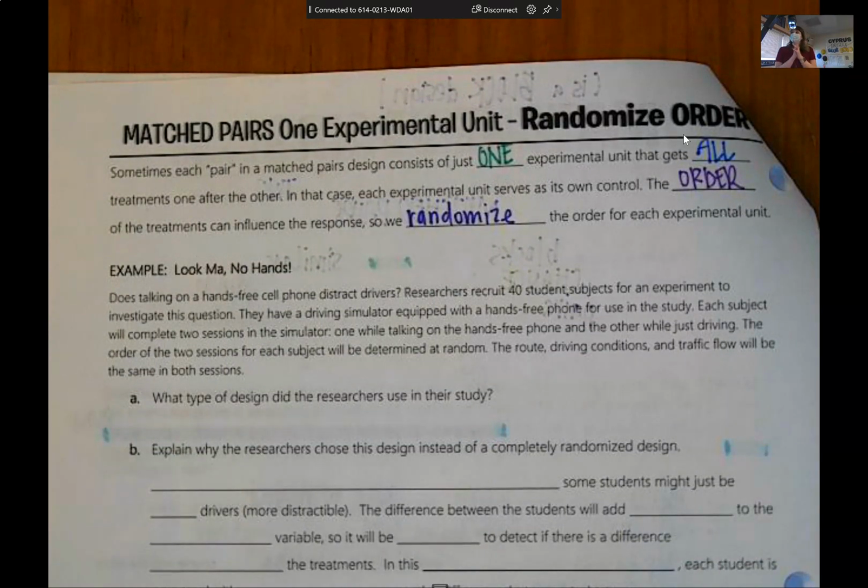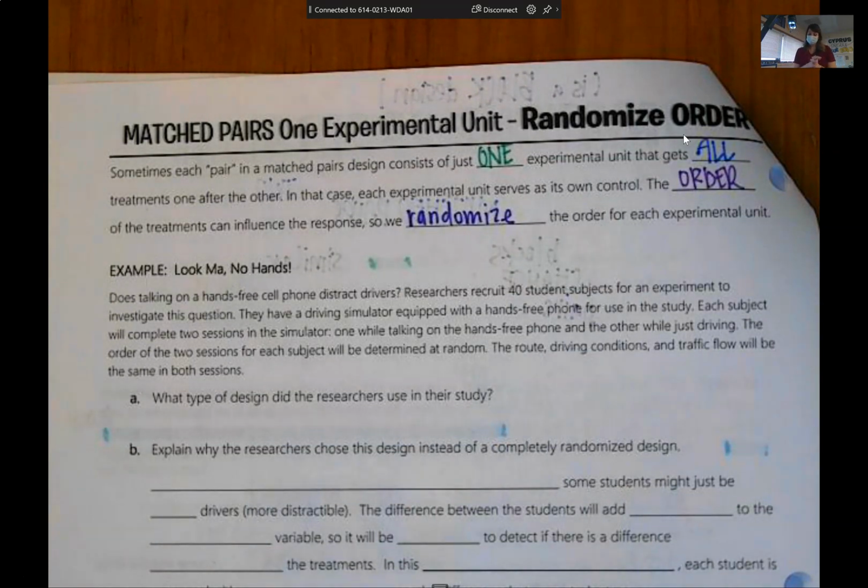So what they're looking at is, does talking while driving distract the drivers? Now, they complicate this a little bit by saying you're going to talk on a hands-free cell phone. So researchers recruit 40 subjects for an experiment to investigate this. They have a driving simulator equipped with a hands-free phone for use in the study.